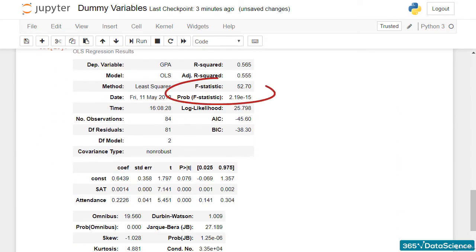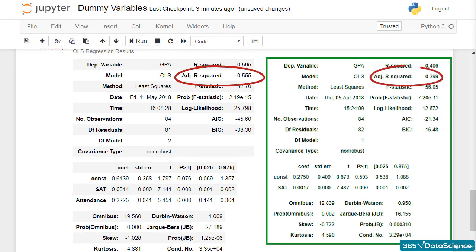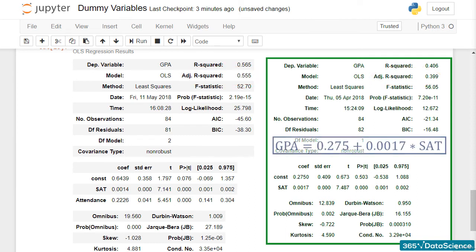Our overall model is significant, the SAT score is significant, and the dummy is significant. The adjusted R-squared of this model is 0.555, which is a great improvement from what we got without attendance. The original model without the dummy variable was GPA equals 0.275 plus 0.0017 times the SAT score of a student.